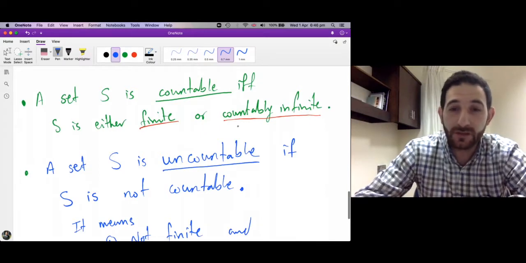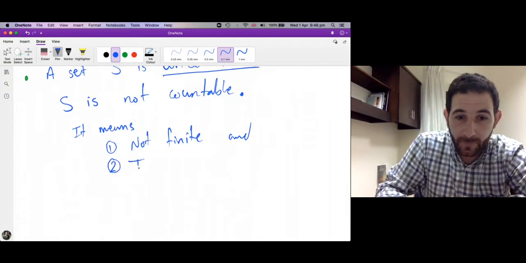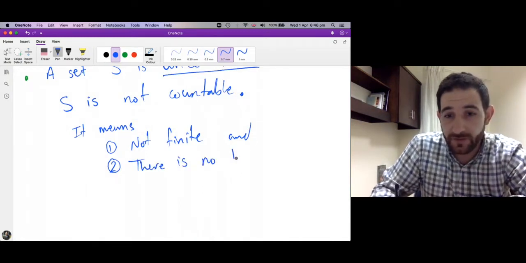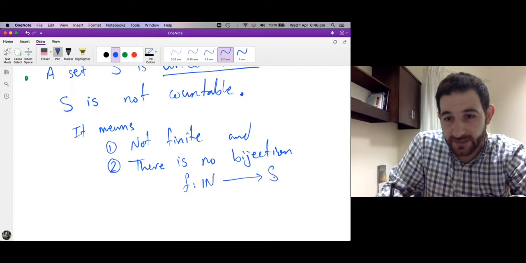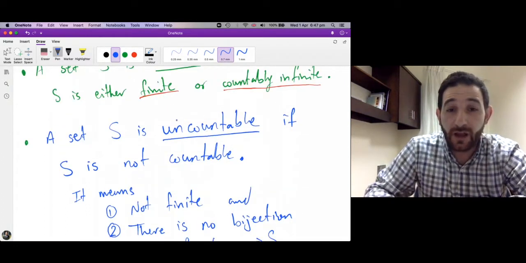What does it mean to be not countably infinite? It means there is no bijection whatsoever, there is no bijection f from the natural numbers to S. Okay, so this is the idea of an uncountable set.